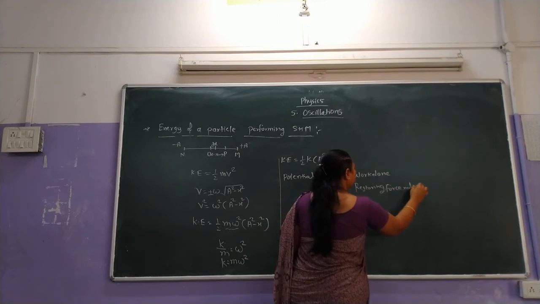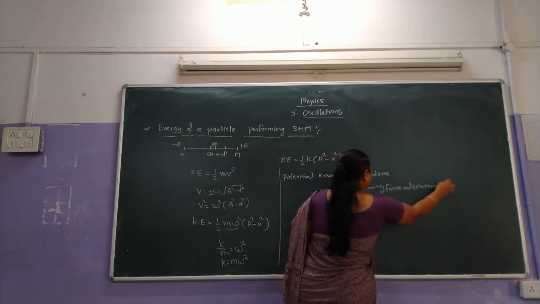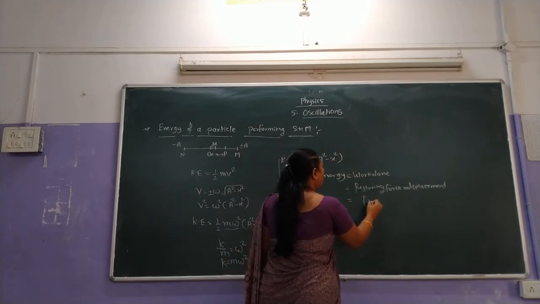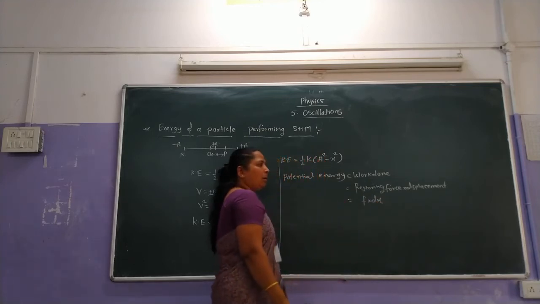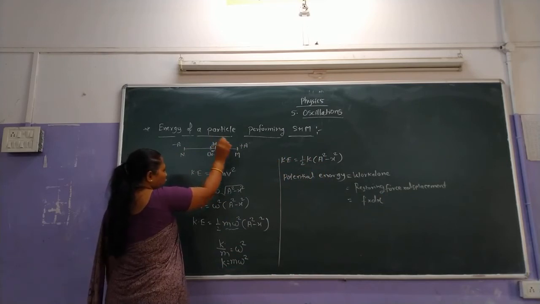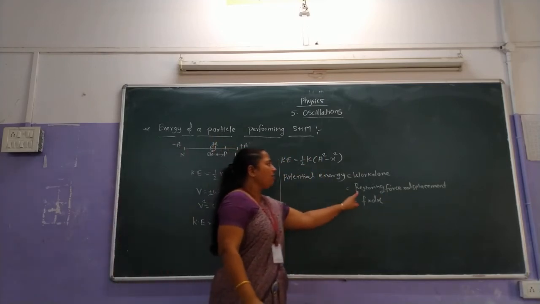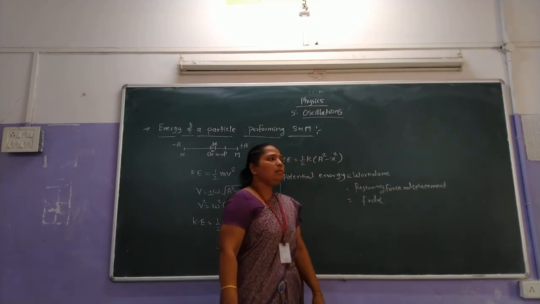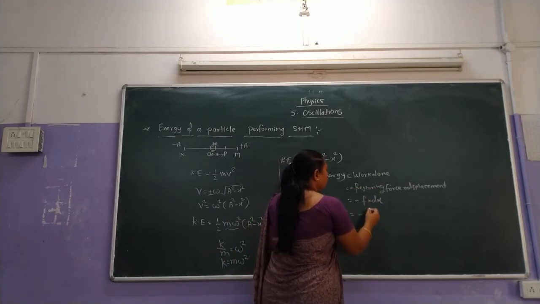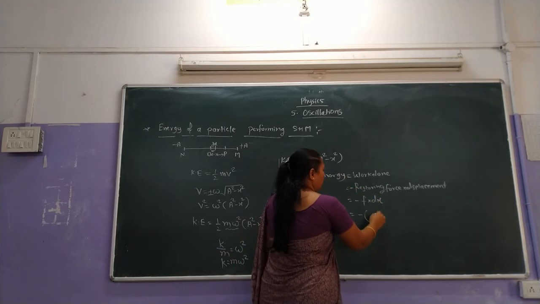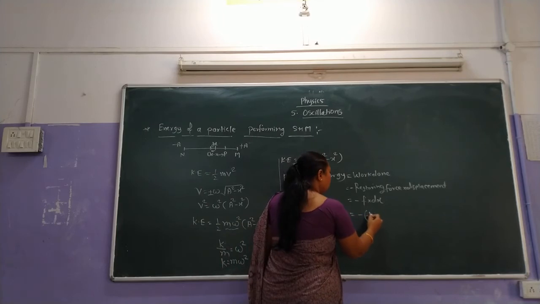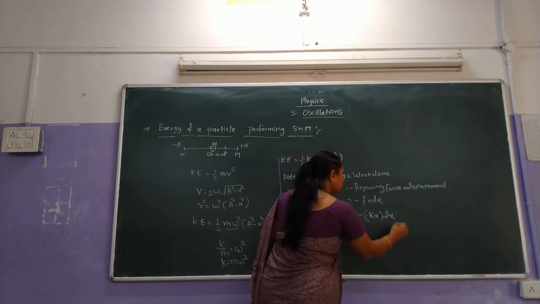But the restoring force and displacement are in opposite directions, so a negative sign indicates this. The restoring force F is equal to minus kx, so work done is minus kx into dx.